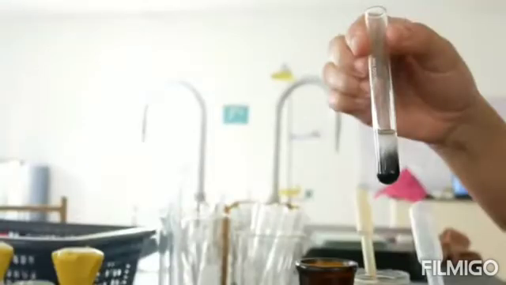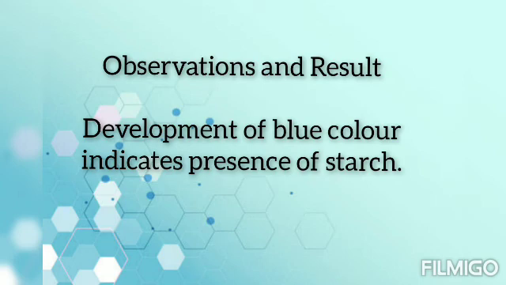Then heat the solution. After heating, we can see here the development of blue color which indicates the presence of starch. And this blue color is due to the presence of amylose part of starch. Observation and result. Development of blue color which indicates the presence of starch.